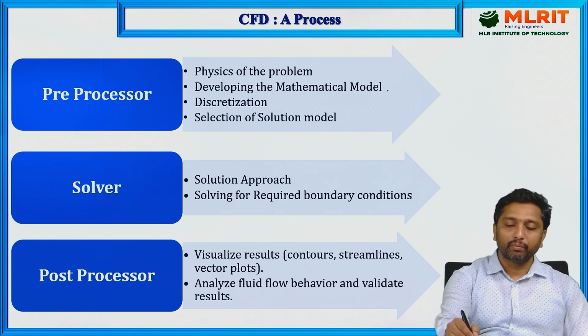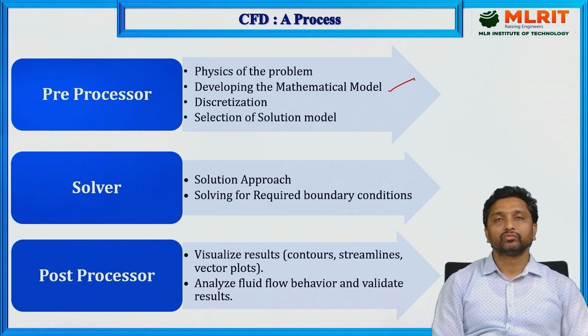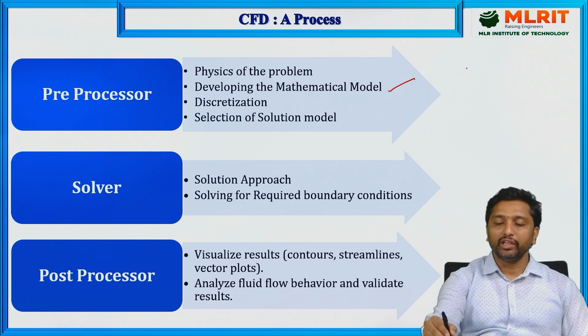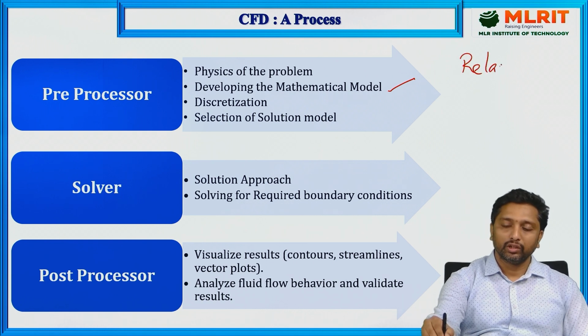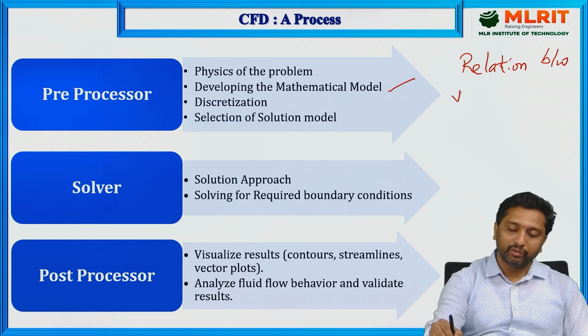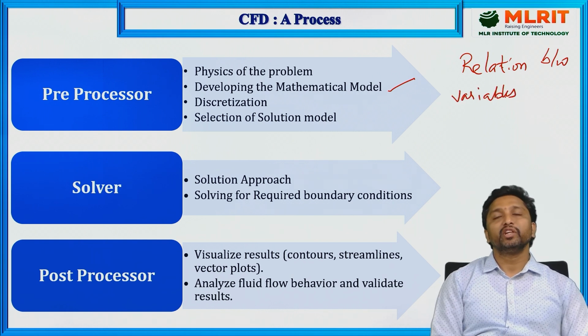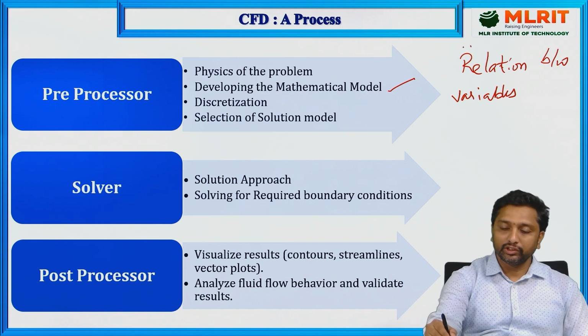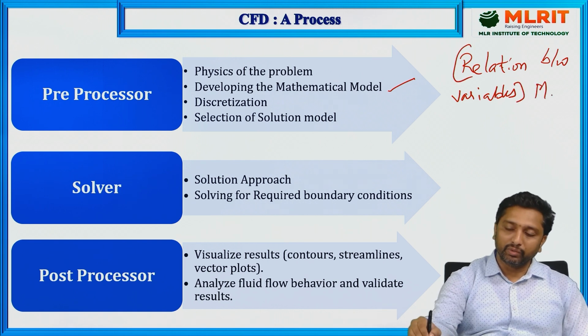Next is the mathematical model. Once we understood the problem and identified the variables involved, we try to develop a relation between the variables. These relations between variables will be in mathematical form.